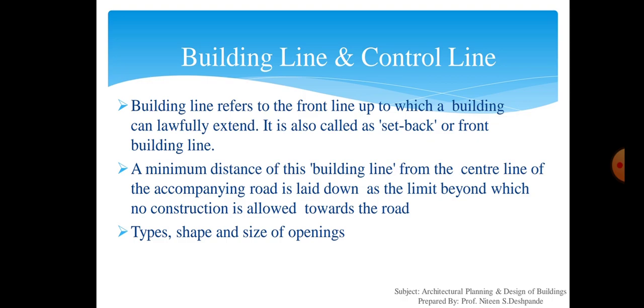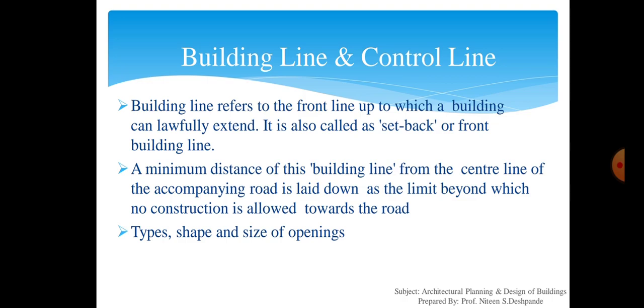So this is the building line, whereas control line applies to public buildings such as cinema halls, factories, commercial buildings which are generally overcrowded and attract a large number of vehicles, and should be set back a further distance apart from the building line. The line up to which such buildings are constructed is known as a control line.